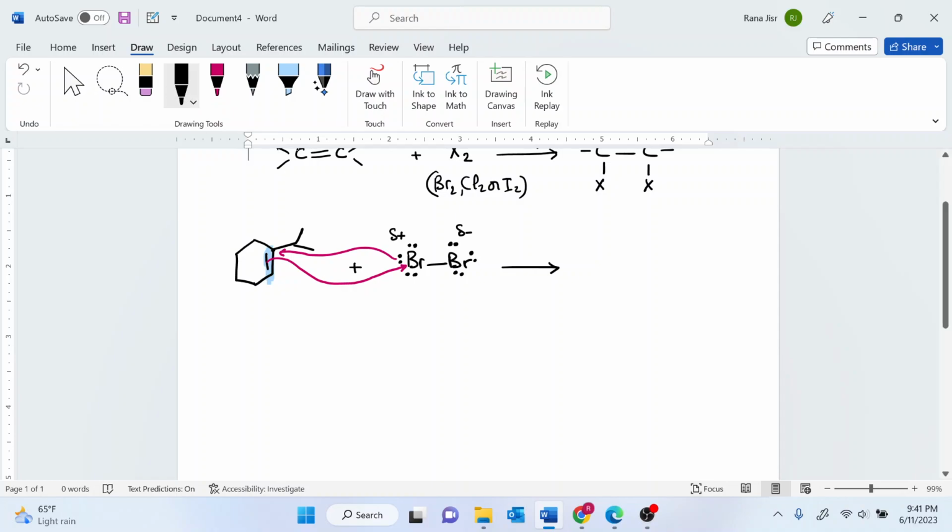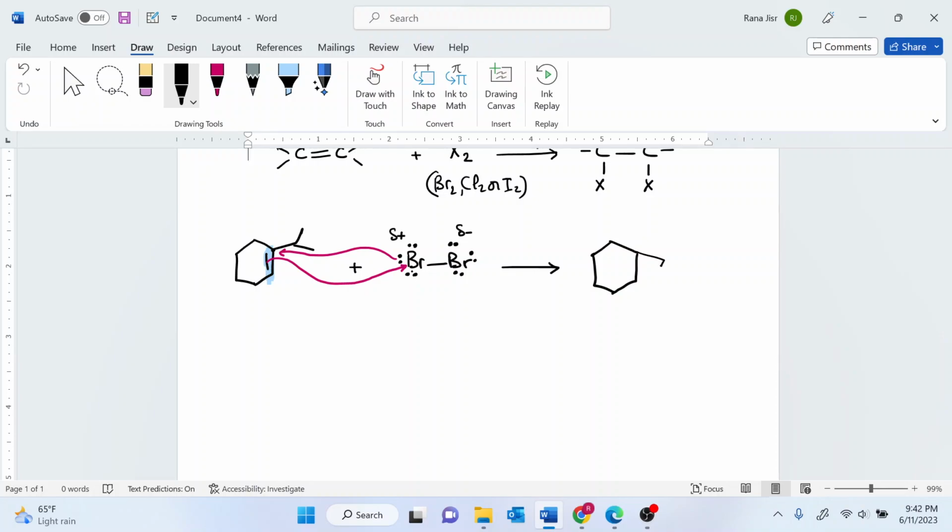So you're going to end up having a cyclic bromonium ion. And because the double bond is planar, that cyclic bromonium ion that you're going to form, so you're forming a bond between this carbon and the bromine and this carbon and the bromine, is going to be either on the top or on the bottom.